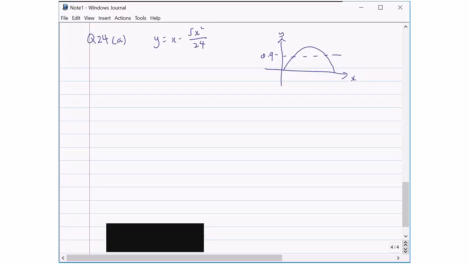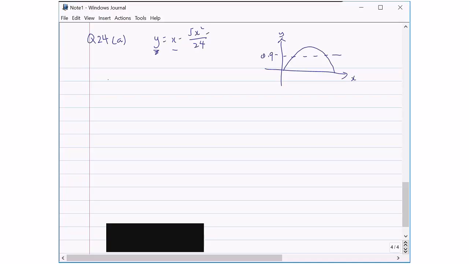Okay? So part A is pretty simple. They say, when will the water path attain a height of above 0.9 meter above the ground? So y depicts the height of the water. X, in this case, talks about the horizontal distance of the water path.